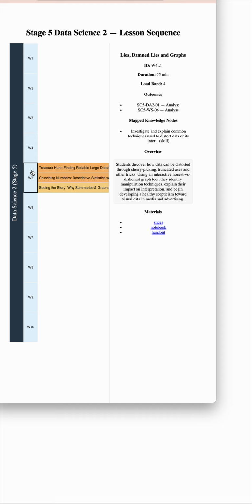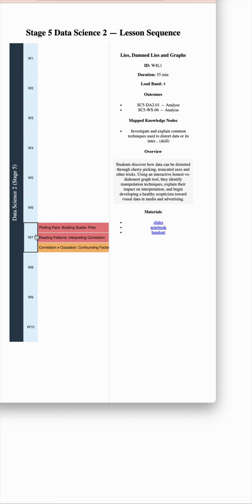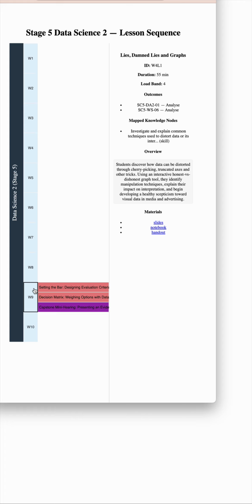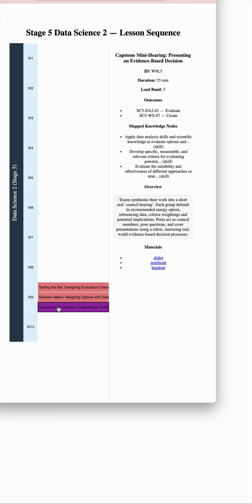Straight after that, as you can see, the cognitive load drops down a bit to, again, more graphs, and then we get to the point where we're starting to build up to a full scientific evidentiary argument in terms of a capstone presentation, which is something we need to work towards throughout.